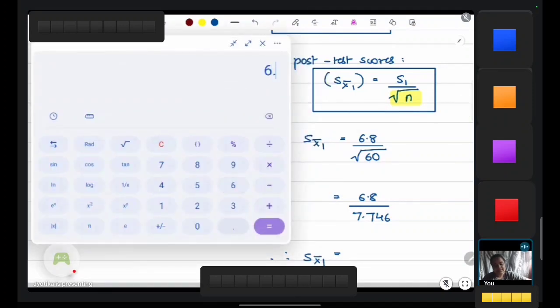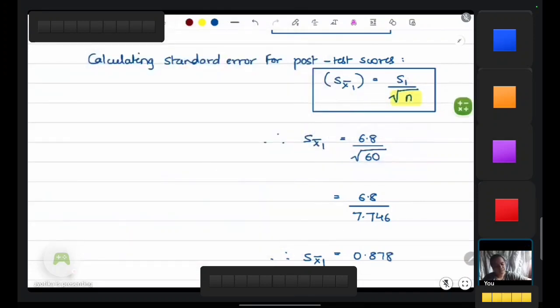So 6.8 divided by 7.746. I'll take it to 3 decimals. So I'm getting 0.878. Okay, same way we have to calculate standard error for the pre-test.